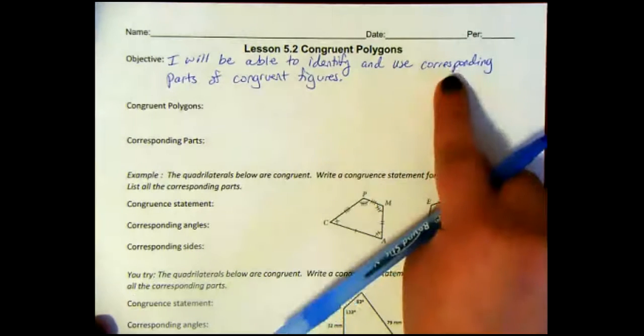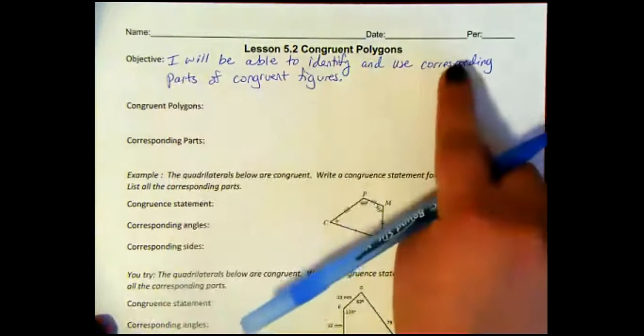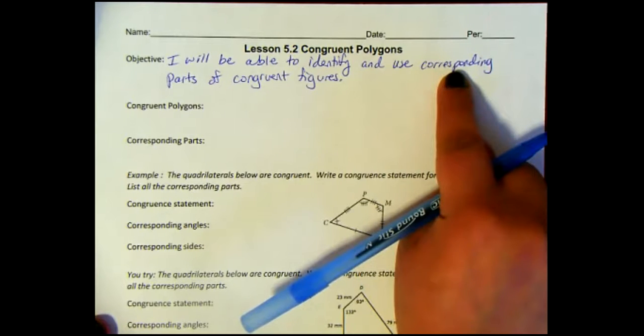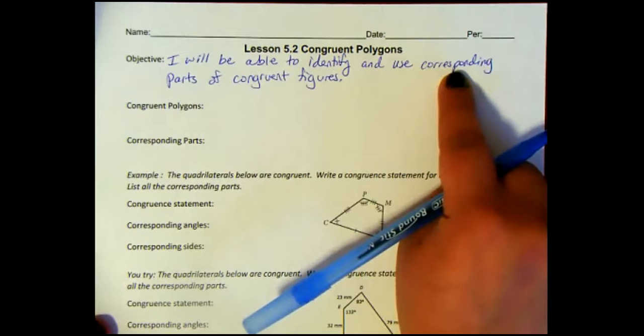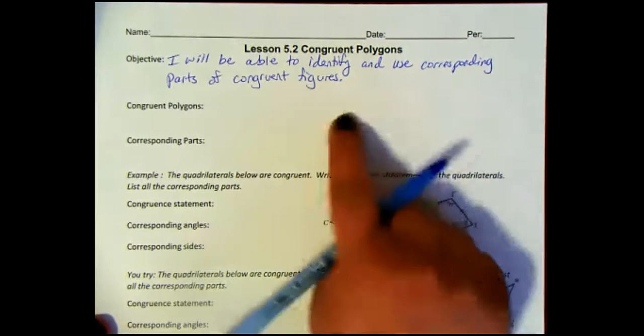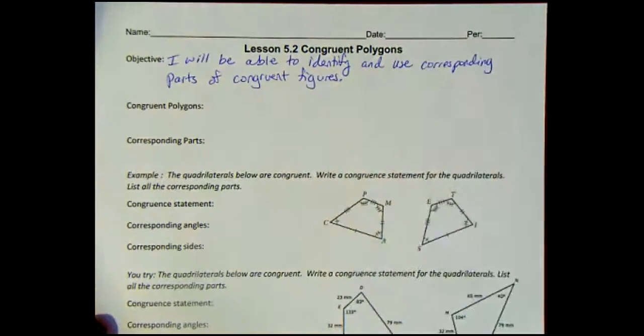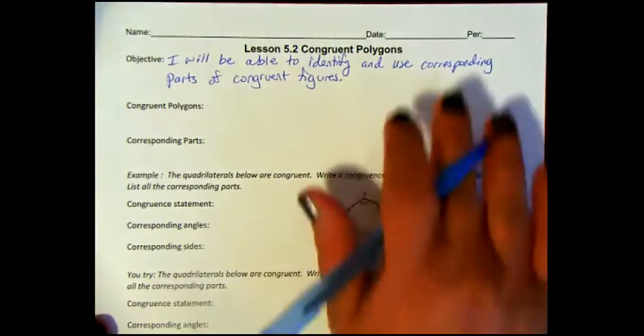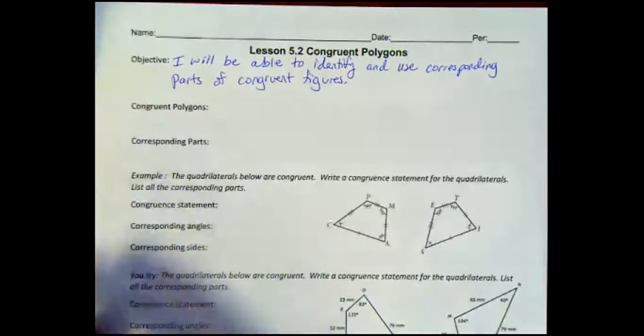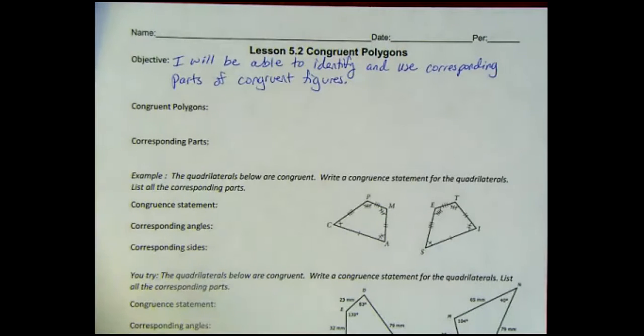So which corresponding parts? Remember that corresponding means same place. When we looked at lines cut by a transversal, we talked about corresponding meaning in the same corner or in the same place, and this has a similar definition. Corresponding parts are parts that are in the same place, but in two separate figures.